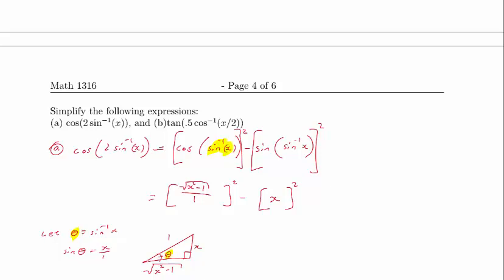So when we evaluate this further, it becomes x squared minus 1. Well, I'm sorry, I got this backwards here. This should be 1 minus x squared. 1 minus x squared. There we go. And so when we work this through, this becomes 1 minus x squared here.